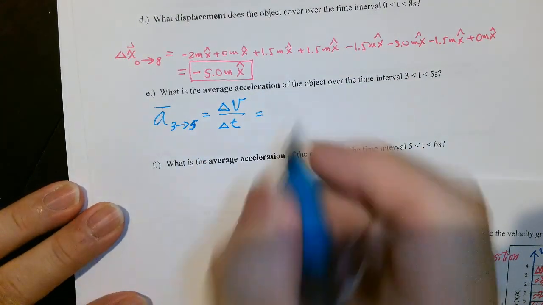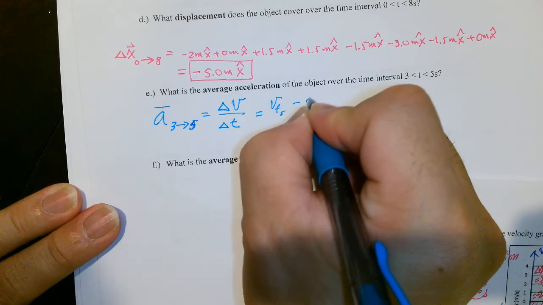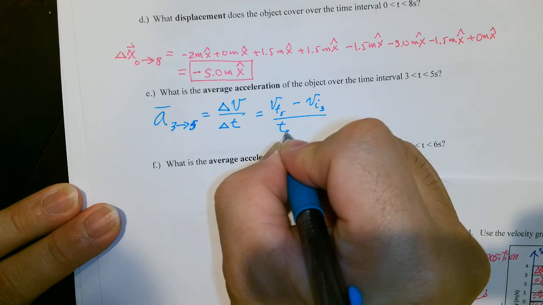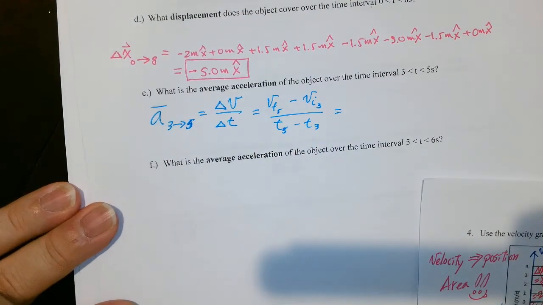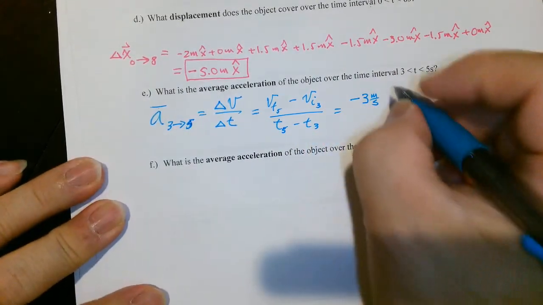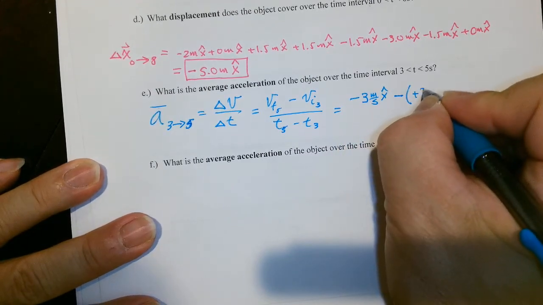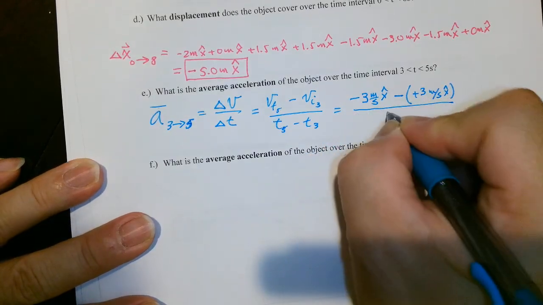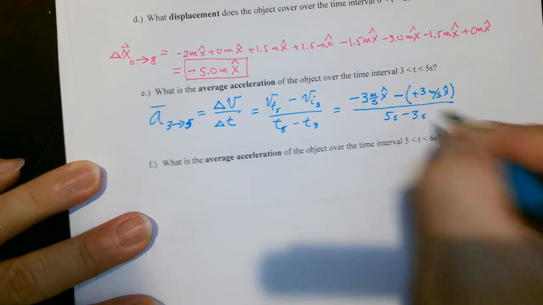So change in velocity, which is VF, which is at 5 seconds, minus VI, which is at 3 seconds, over T5 minus T3. So here I have negative 3 meters per second x hat, minus positive 3 meters per second x hat, whole thing over 5 seconds minus 3 seconds.